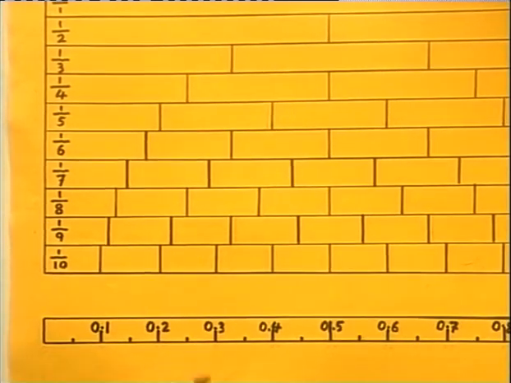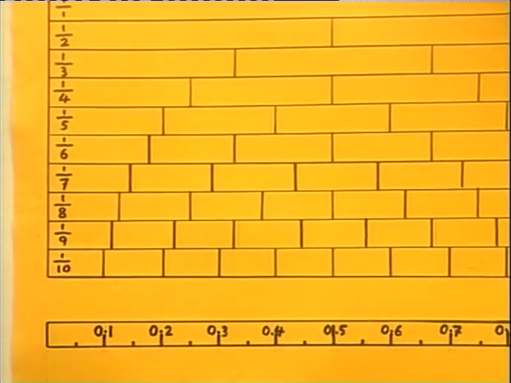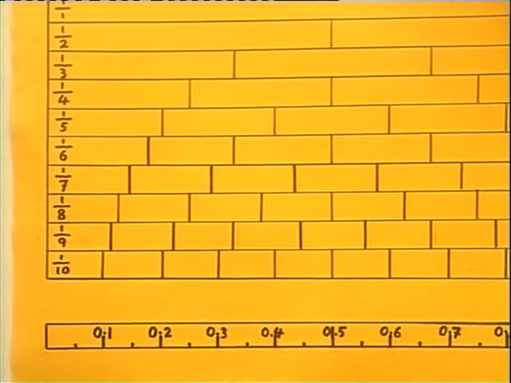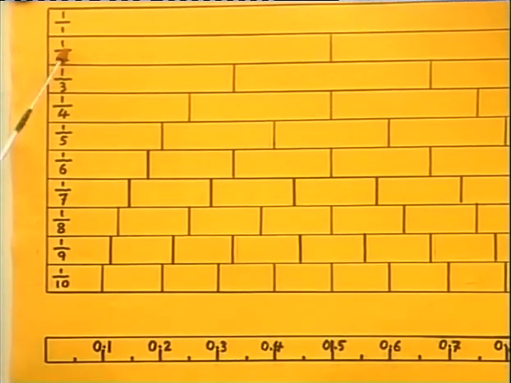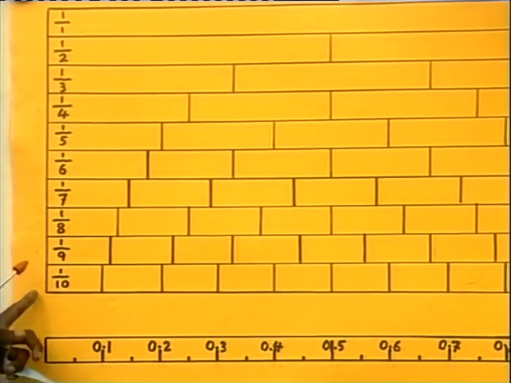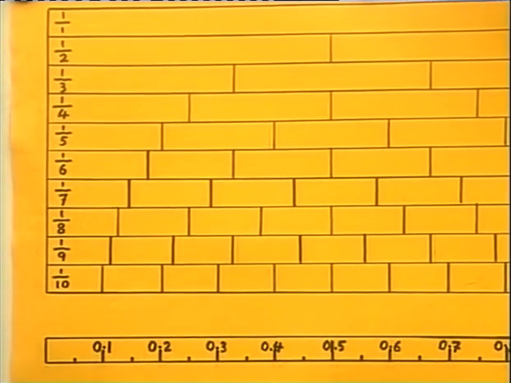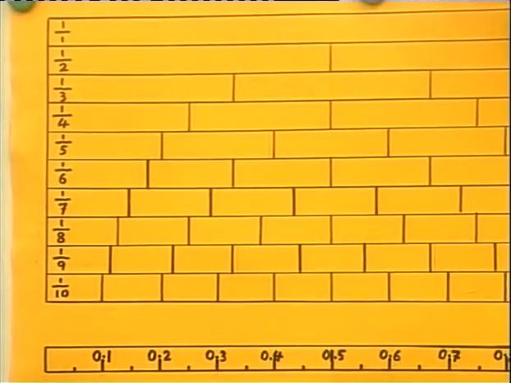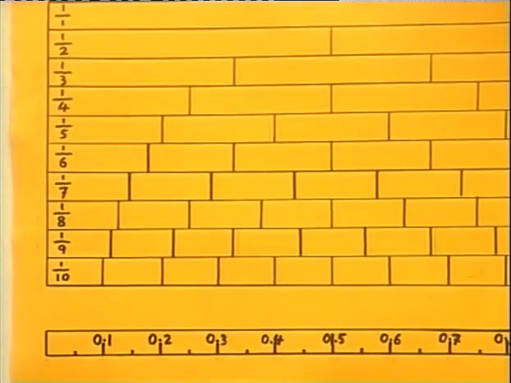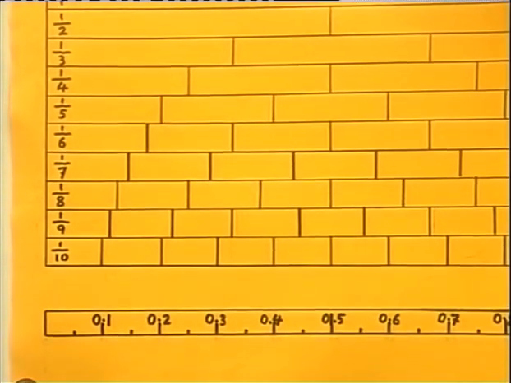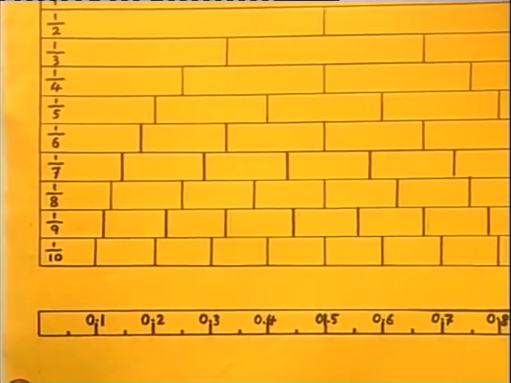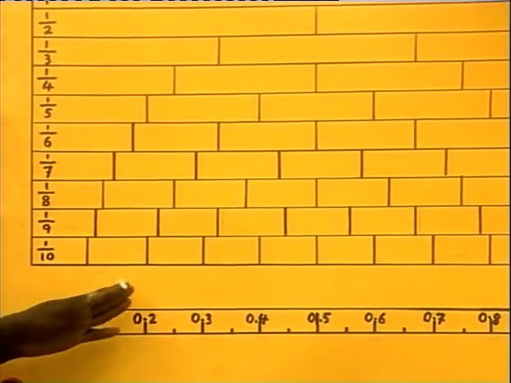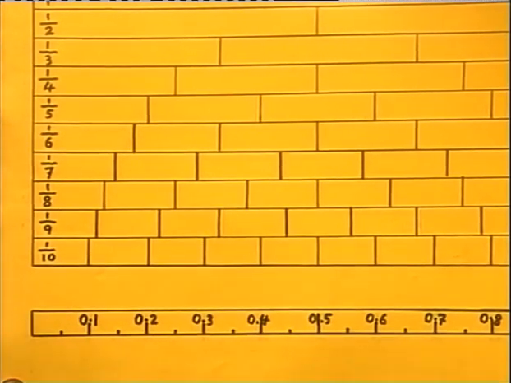This is 0.3. Now, where is 3/10? We have 1/2, half, 1/3, 1/4, 1/5, 1/6, 1/7, 1/8, 1/9, and 1/10. So, where is 3/10? My friend, Habi, can you show where 3/10 is on this fraction wall?